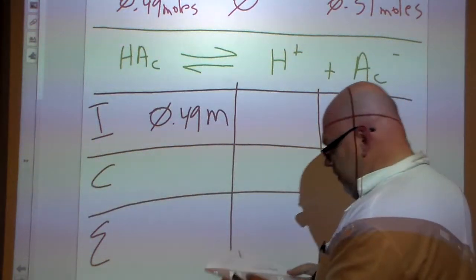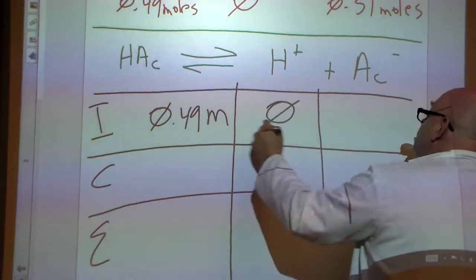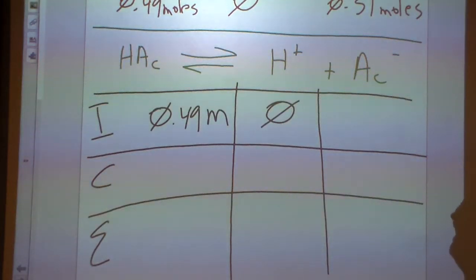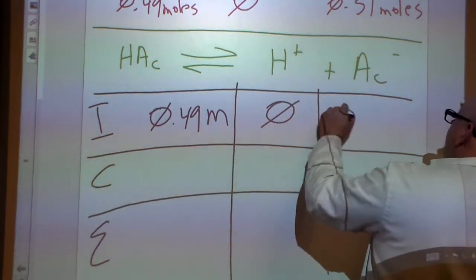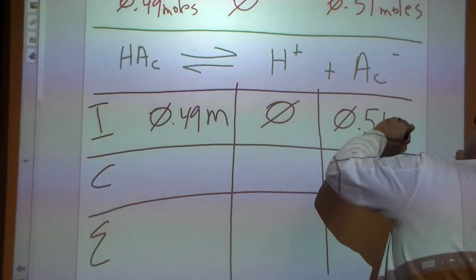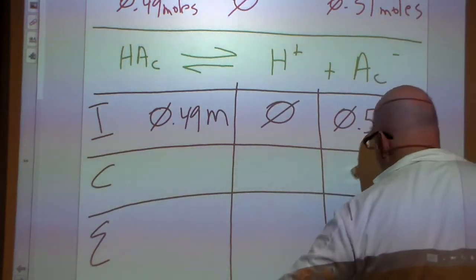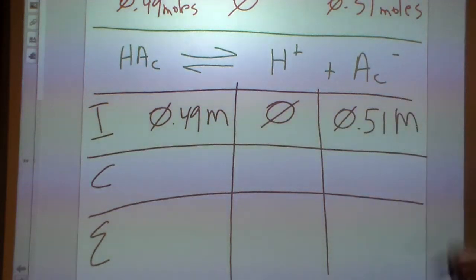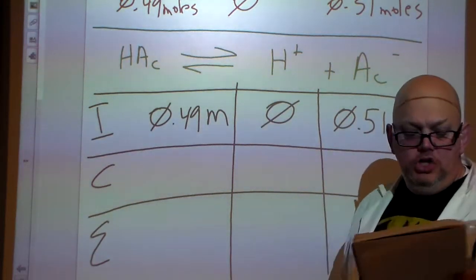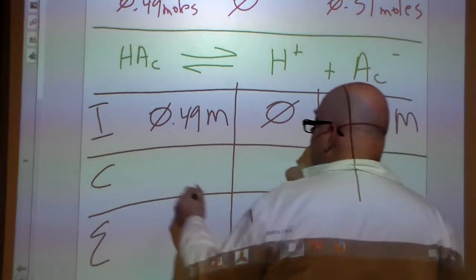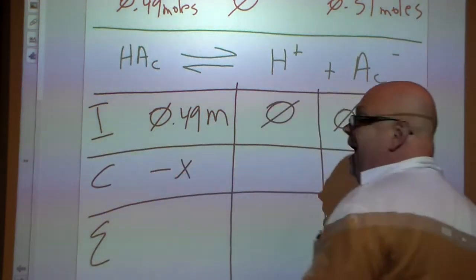Now again, here's our new situation. We don't have any new hydrogens yet, but we are starting out with a little bit of extra acetate in there. Now let's take a look at our change. We know this is going to be going out.